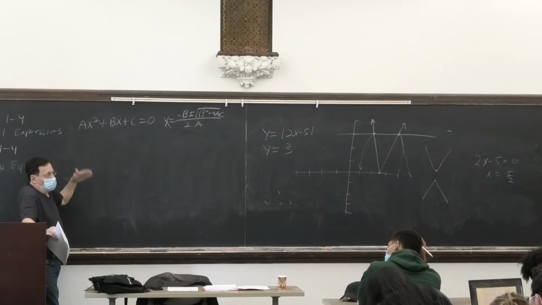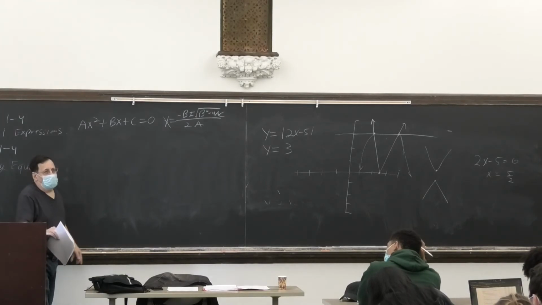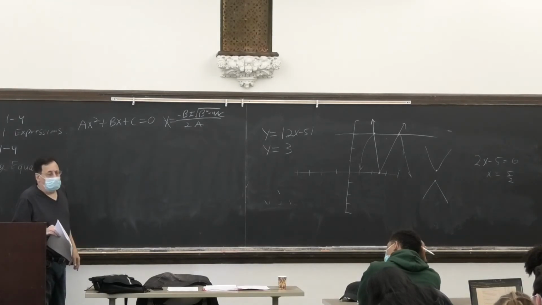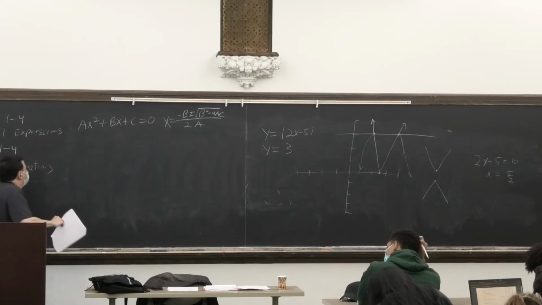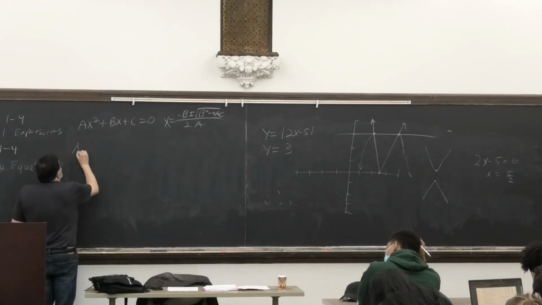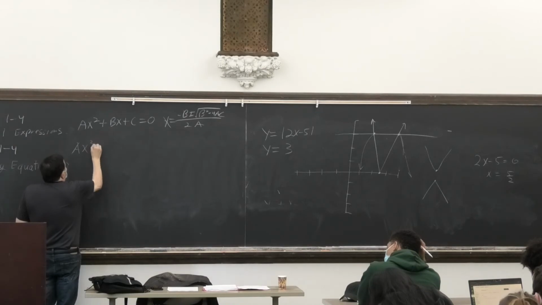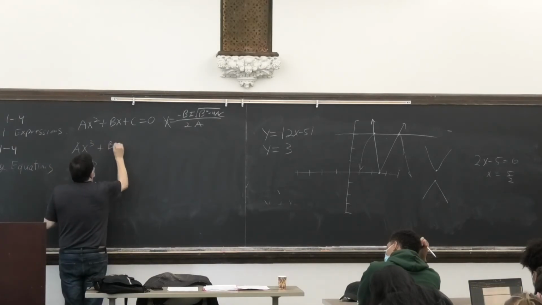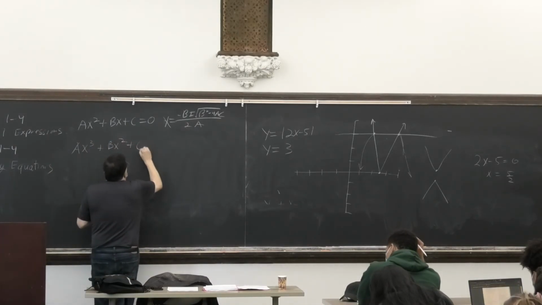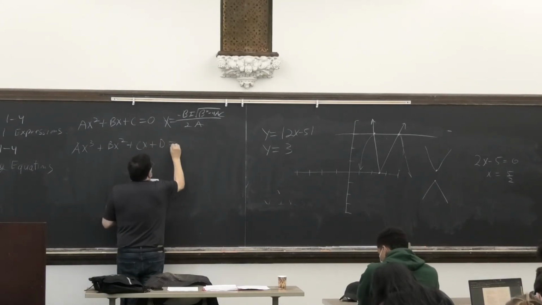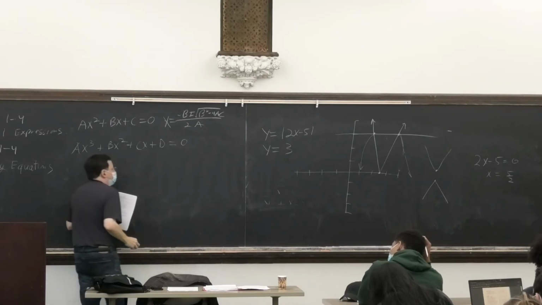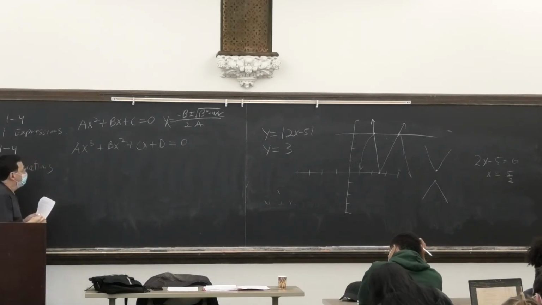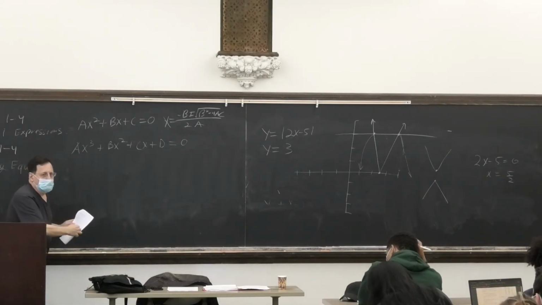That was a couple thousand years ago. But if you look at the next step, a cubic equation, nobody knew how to solve that in general for a long time.